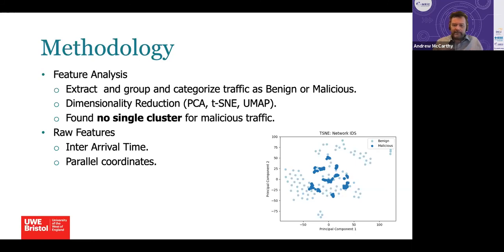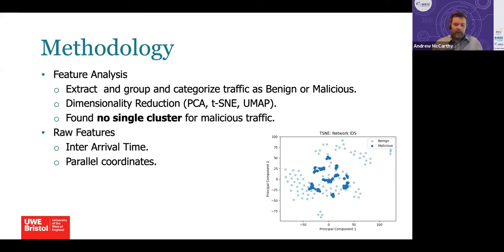We're beginning to see the starts of some clusters there, but what you'll notice is there isn't a single cluster for malicious traffic, and actually it's also spread quite across a large portion of the benign space as well. And so from that feature analysis, we thought we'd also look at the raw features.